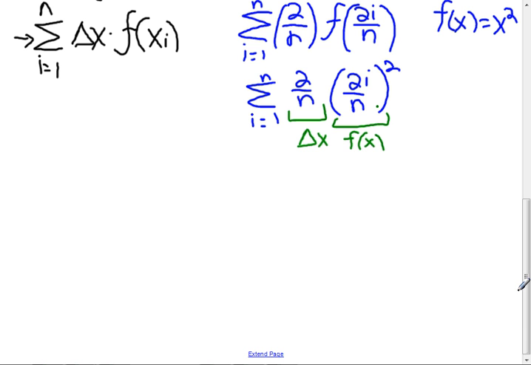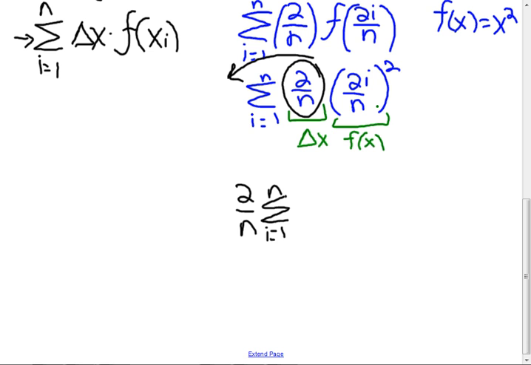We have to recognize what it is, but just to show you what we did in previous classes, we pulled this one out front because we can. It's property of sigma. So it's 2 over n, which really makes it nice that we're not doing them by hand anymore. And then this would be squared, so it's going to be 4i squared over n squared. And I can pull out anything not related to i.